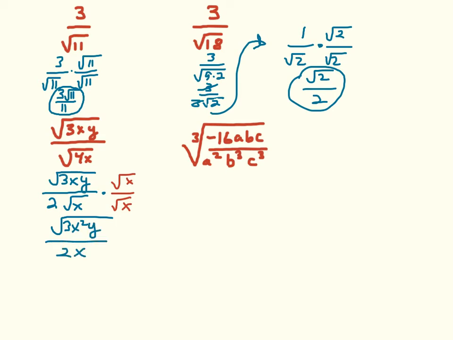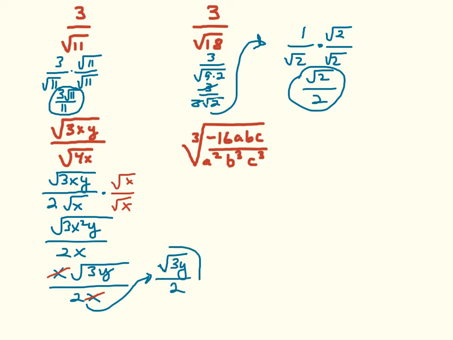I can pull that perfect square factor of x squared out of the numerator, and I've got 3y over 2x. I can actually cancel that x out, and that'll leave me with a final answer of cube root of 3y, no, sorry, the square root of 3y over 2. So that's my final answer on that one.